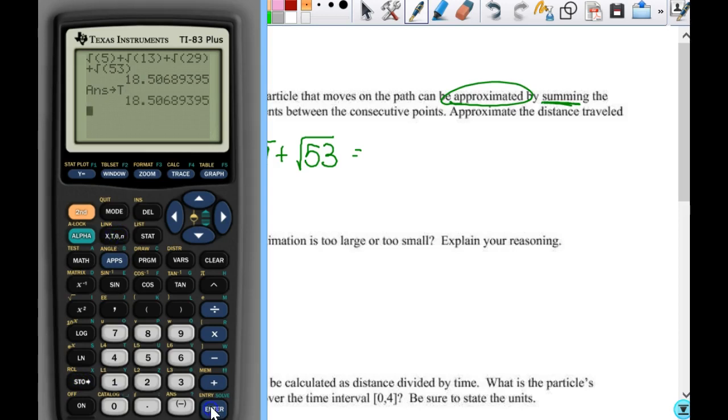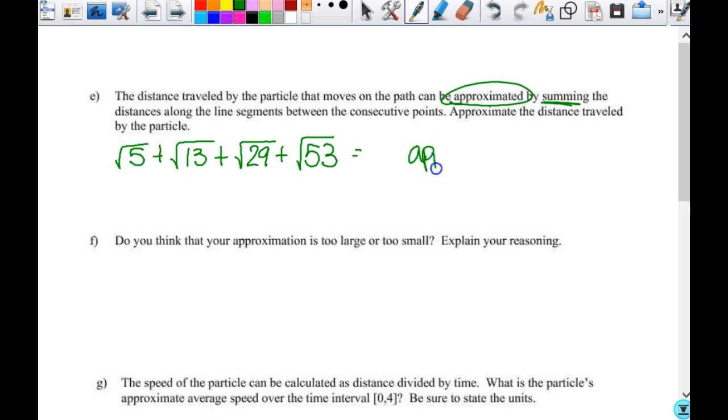It doesn't represent T, but you could have stored it anywhere you wanted to. If you wanted D for distance, whatever, just so that it's stored. So what it's asking me for is to approximate the distance. So this is approximately 18.507 what? With my units here. Feet.